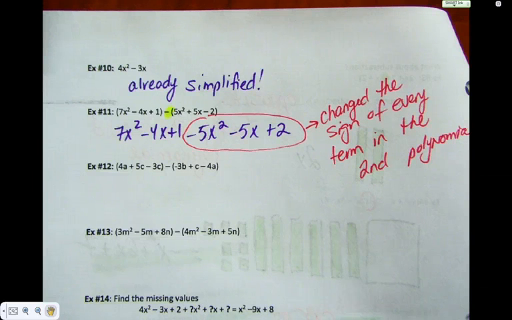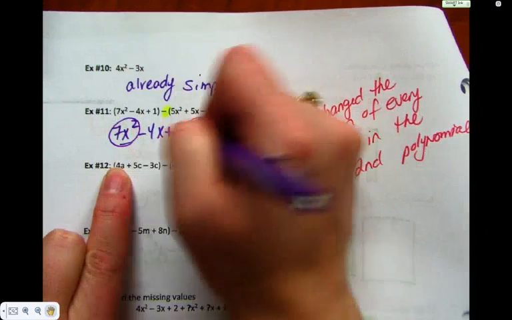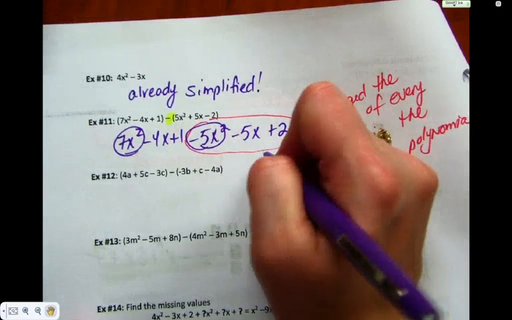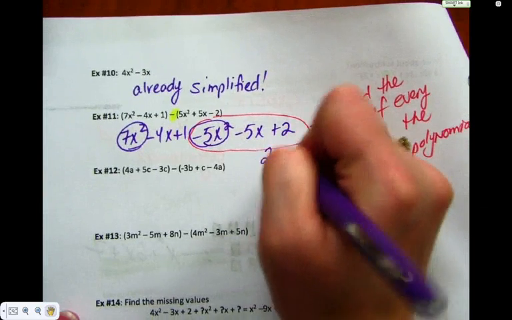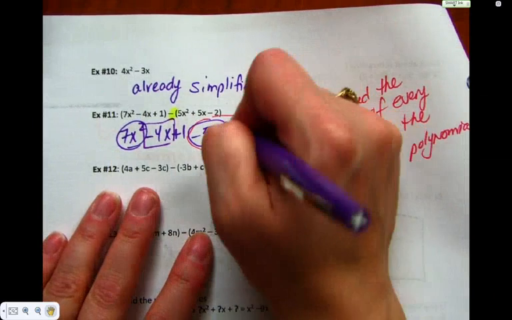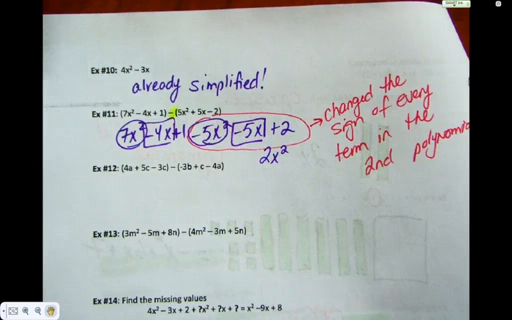Now let's just count. I have a 7x squared and I have a minus 5x squared. If I put those together, how many x squareds do we have? 2x squareds. I have a minus 4x and I have a minus 5x. Again, I don't care it's x's, these are just objects. So if I have minus 4 of something and minus 5 of something, think of the algetiles.